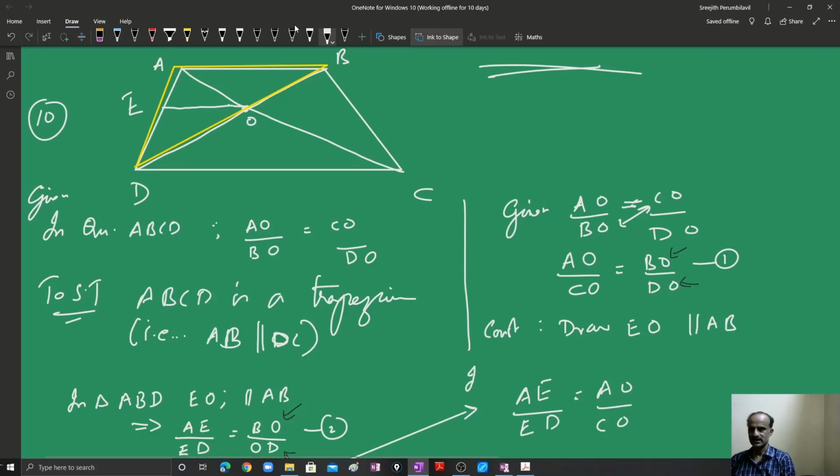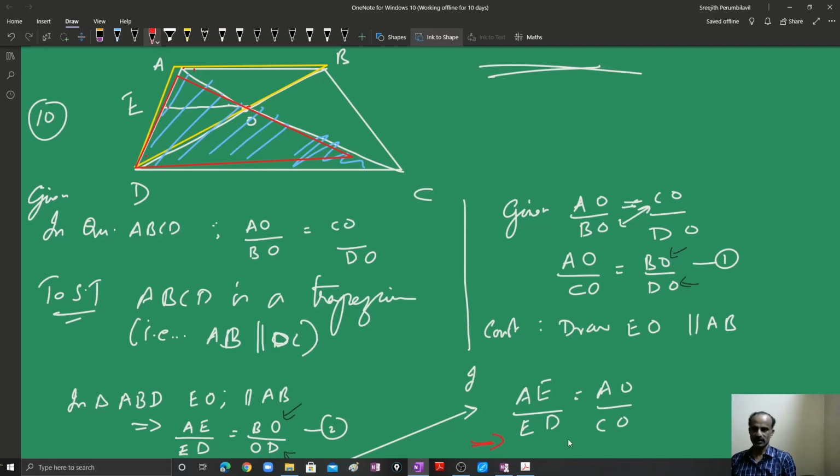Let us consider the triangle ADC. Here it is said that AE by ED is equal to AO by OC. What do you conclude?